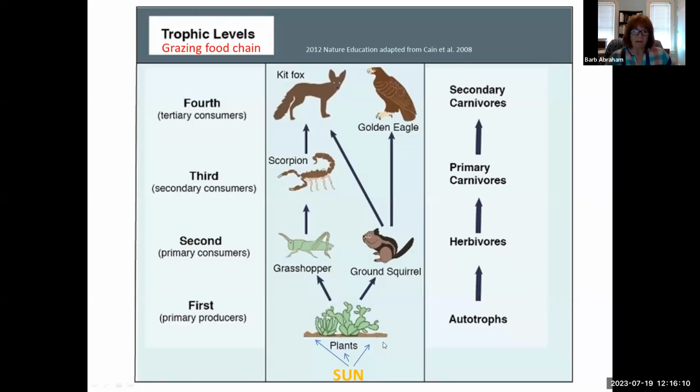But remember that this is called a grazing food chain. The grazing food chain is based on green plants on land and algae, which also are photosynthetic in the water. The herbivores eat the plants or the algae, and then the carnivores eat them. And then I don't know if kit foxes eat scorpions, but at any rate, you get the idea that you can have a carnivore that is eaten by another carnivore.